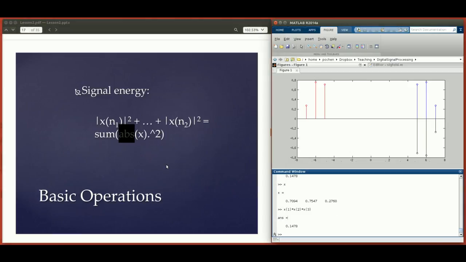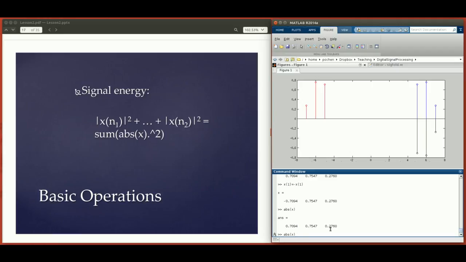So suppose here I have the x signal. If I do ABS x, because all my numbers are positive inside of x, nothing changes. So if I change x1 to minus x1, for example, the first element has a negative sign. If I do ABS x, it's going to return all positive numbers, right?